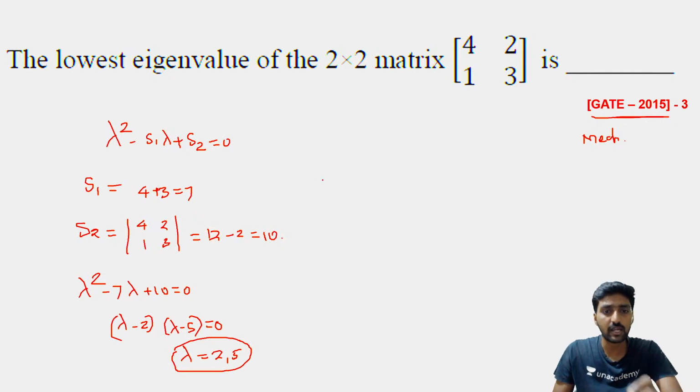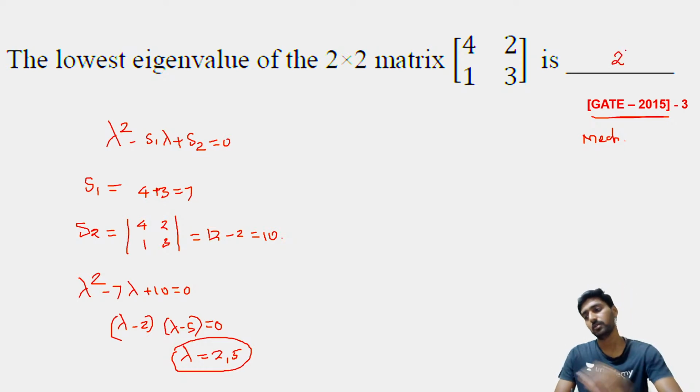So the lowest eigenvalue in the given matrix is equal to 2. Is it okay? Is it clear? Okay, next.